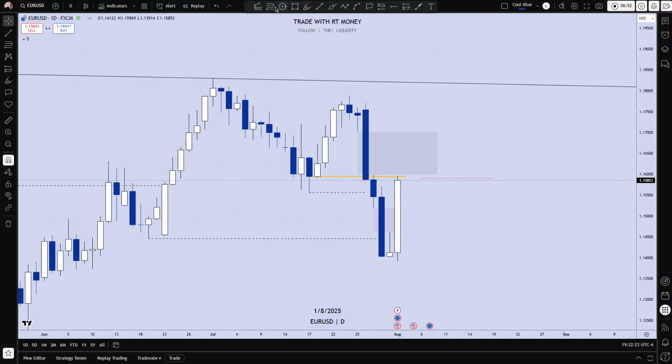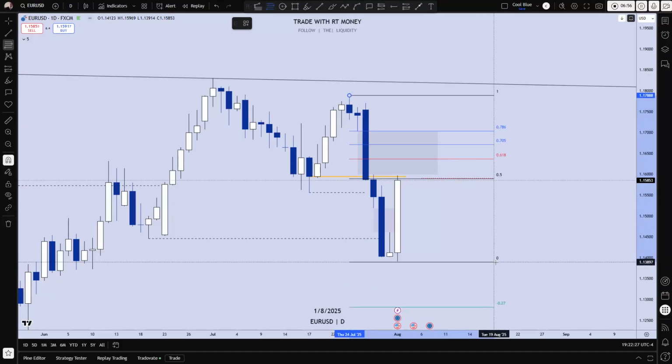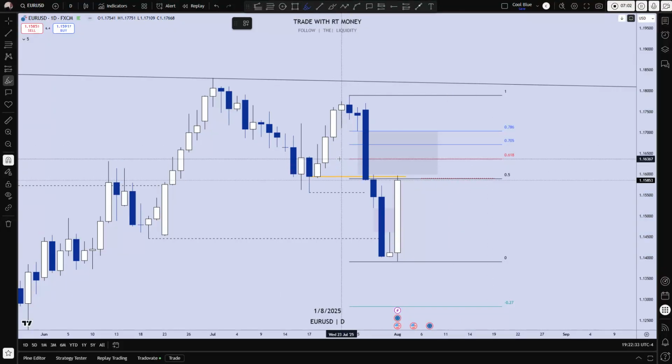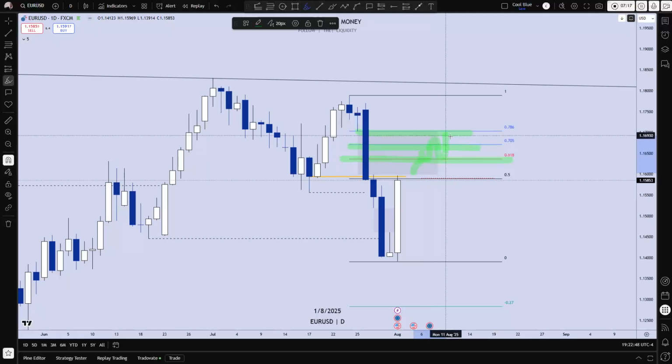Now, I also want to point out, if we put our Fibonacci retracement at the high and the low of this trading range, you can see the 618 crosses very nicely within this fair value gap. We have the 705 and the 786, all of these levels are where we're looking for price to give us the signature that it wants to come back down lower.